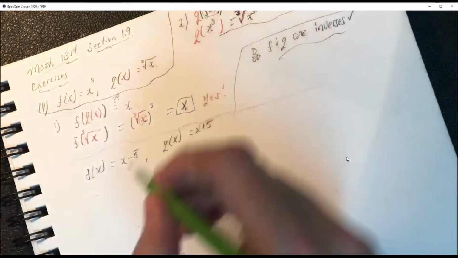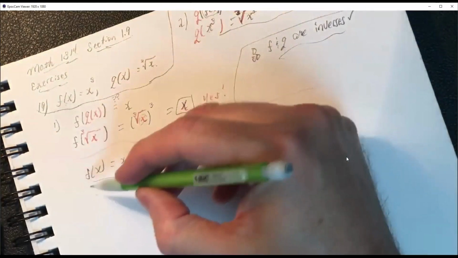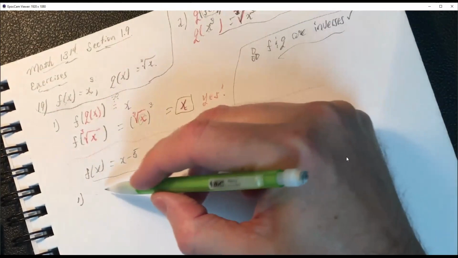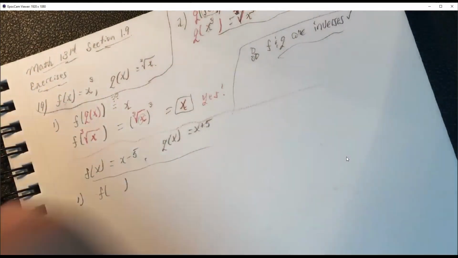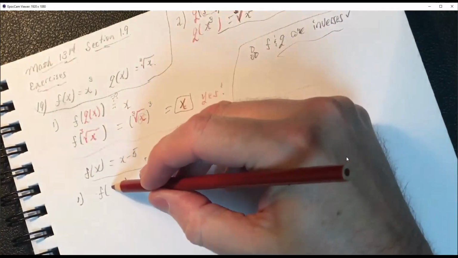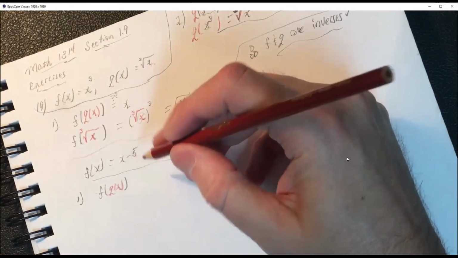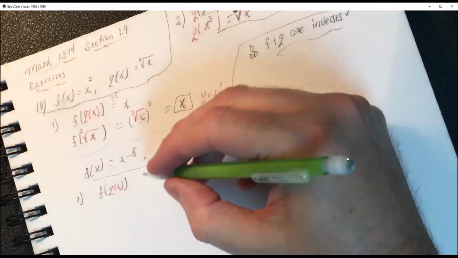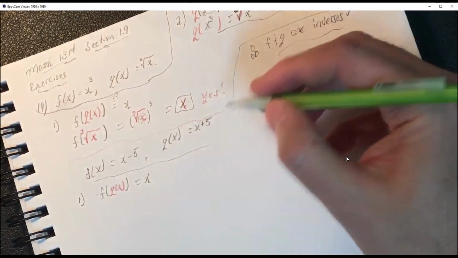So we're going to do the same thing as we did up here. We're going to check the two compositions. f of g of x, and will we get back to the original x value?